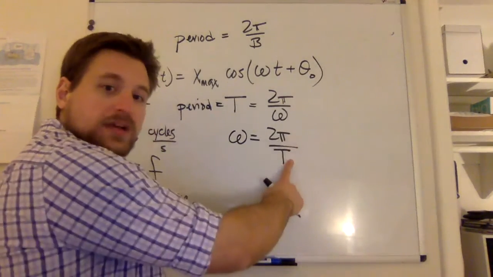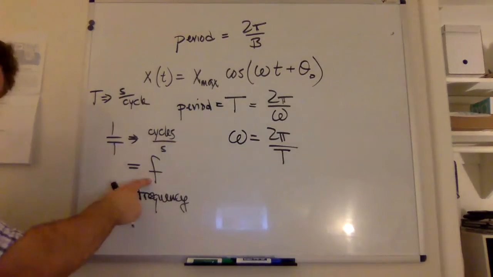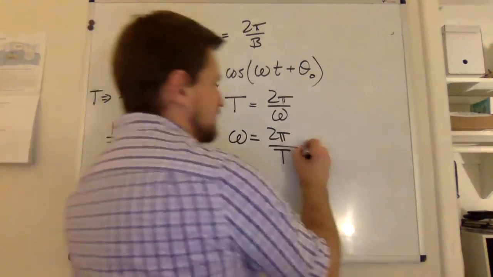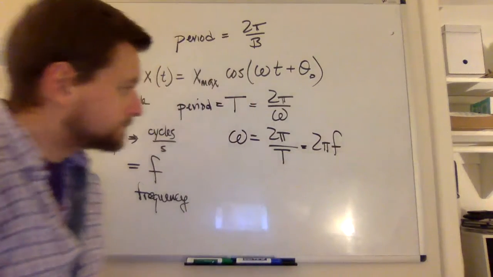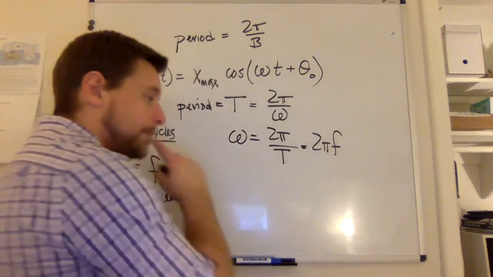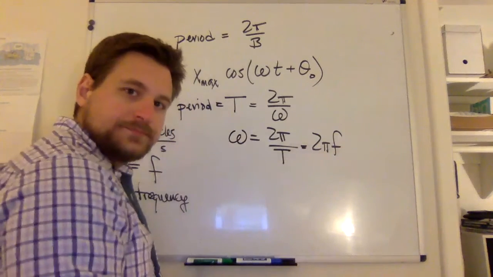So the division by period here is like multiplication by the frequency. So this is 2 pi f. F is frequency.